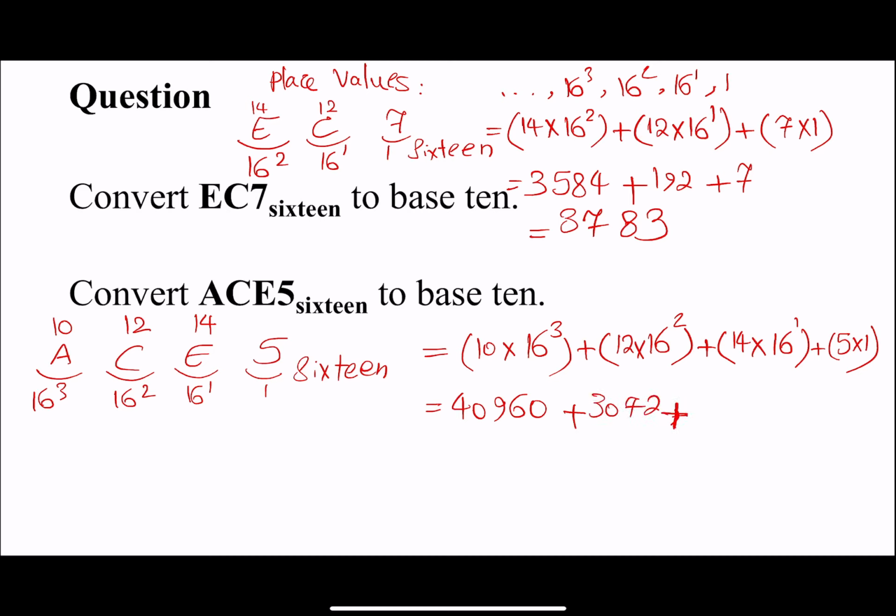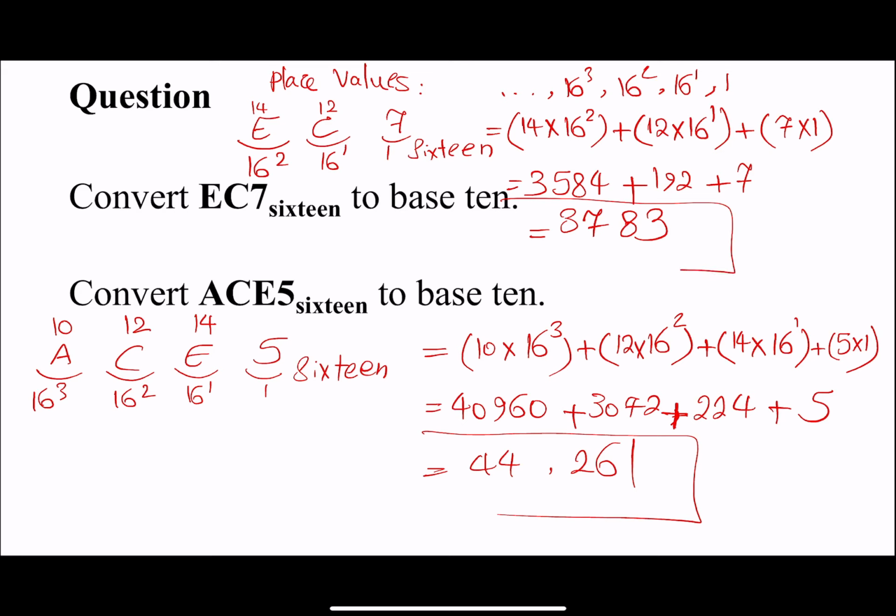Add it to the next one, 14 times 16 is 224, plus 5. So let's see what we get: 44,261.